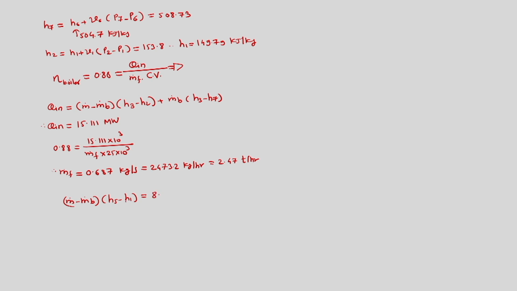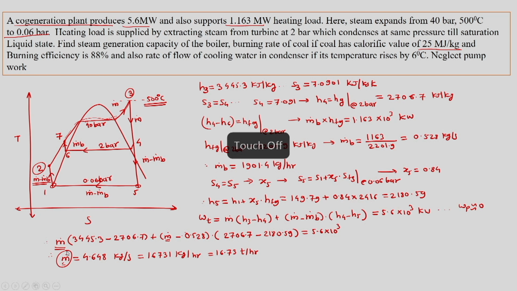That can be evaluated first, and it turns out to be 8.367 megawatt. Since m dot is known, m dot b is known from earlier calculations, h5 is known, and h1 is also known.